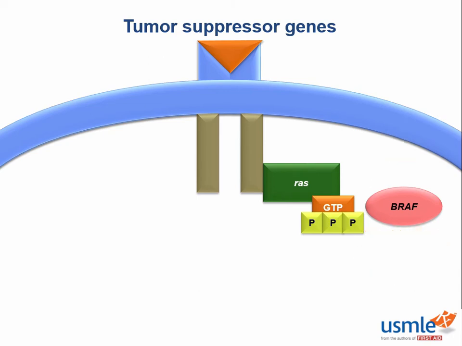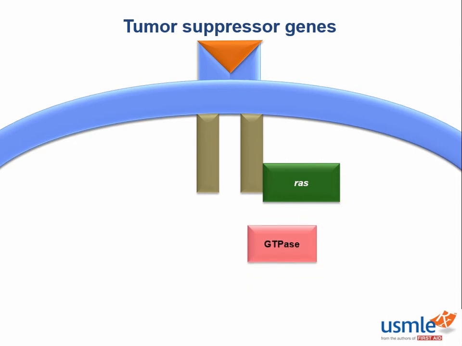All right, now, speaking of RAS, what prevents RAS from always being activated? There's a GTPase that actually degrades GTP and turns it back into GDP. And this is associated with what genes, chromosomes, diseases, and cancers? That's a lot of stuff to know, but do you know it?